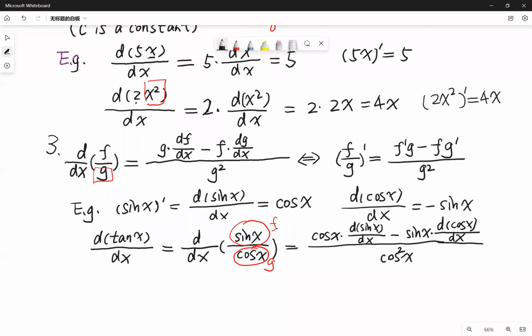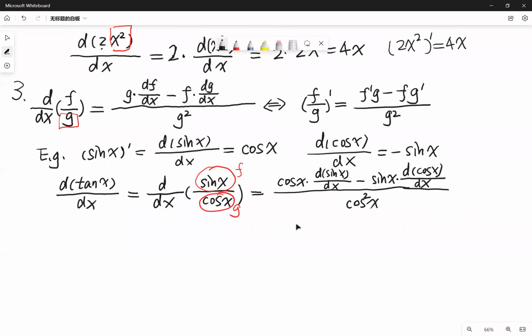Then calculate this one. It's cosine x squared, so it's cosine x times cosine x, and this part is negative, minus minus sin x times sin x.